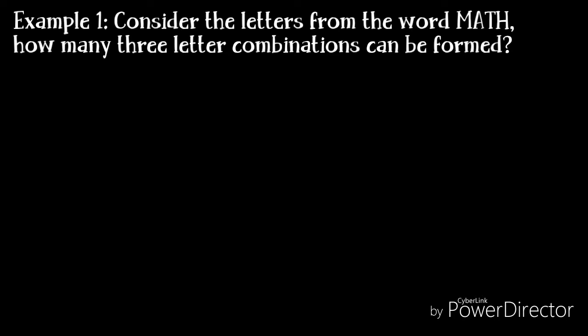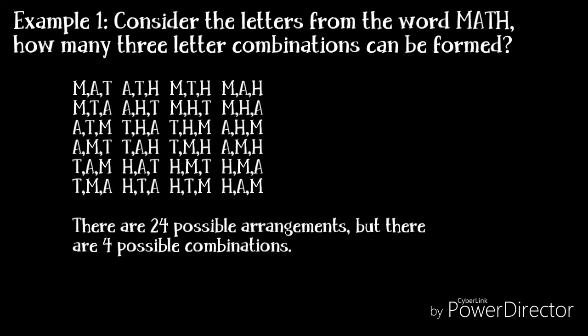Consider the letters from the word MATH. How many 3-letter combinations can be formed? From the word MATH, there are 24 possible arrangements, but there are only 4 possible combinations.